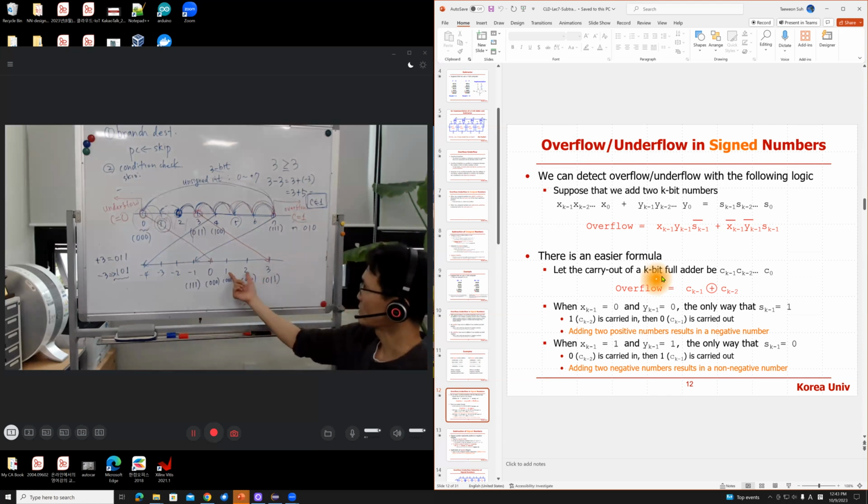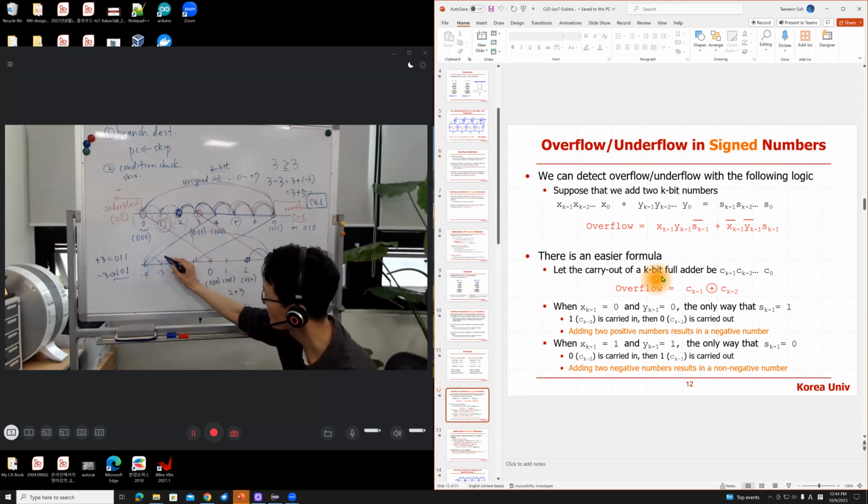So if you add two positive numbers, for example, 2 plus 3, starting from 2 and moving 3 steps forward, but after one step, there's nowhere to go, right? Then it wraps around.